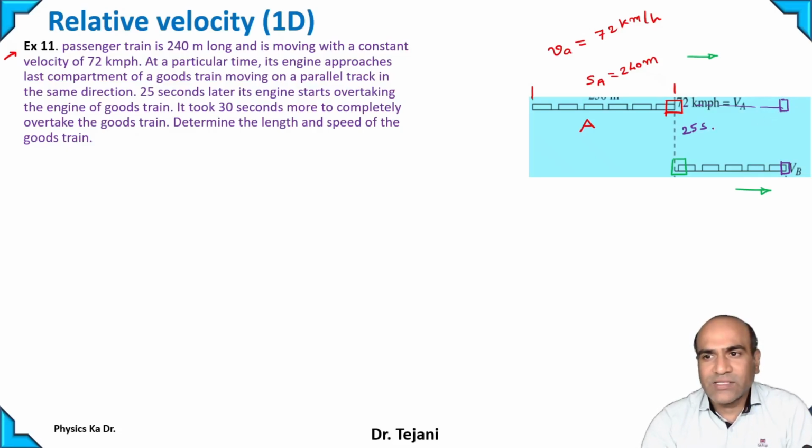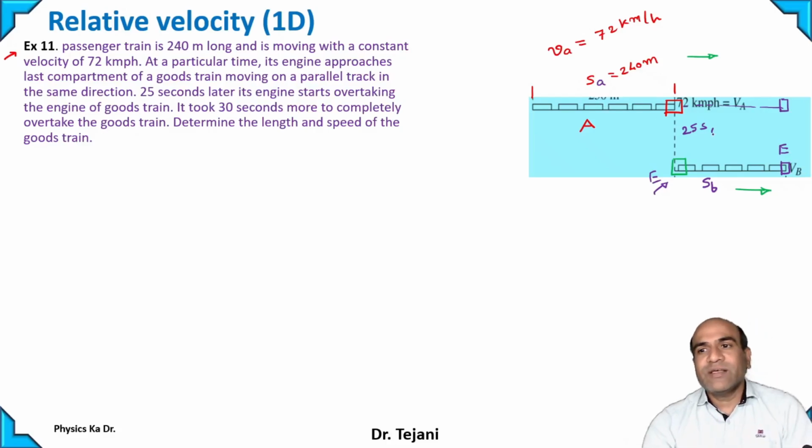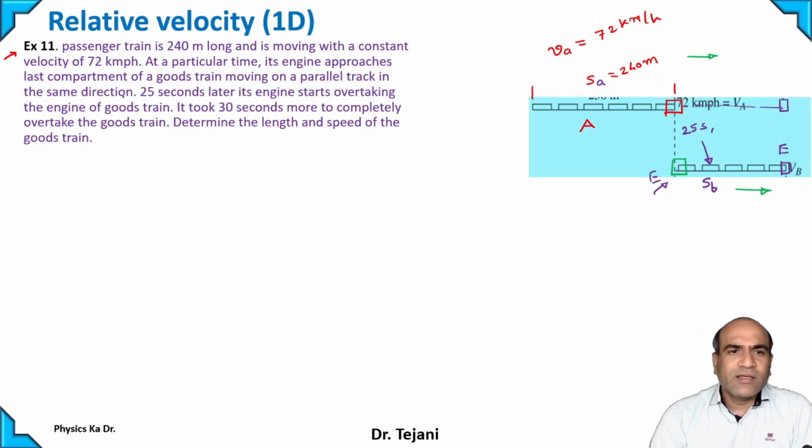So in the 25 seconds, the train travels from the end of the goods train to the engine of the goods train. That means it travels just the length of train B. Let's say SB is equal to the length of train B, and SA is the length of train A. So within 25 seconds it is traveling SB. Up to this it is interesting.